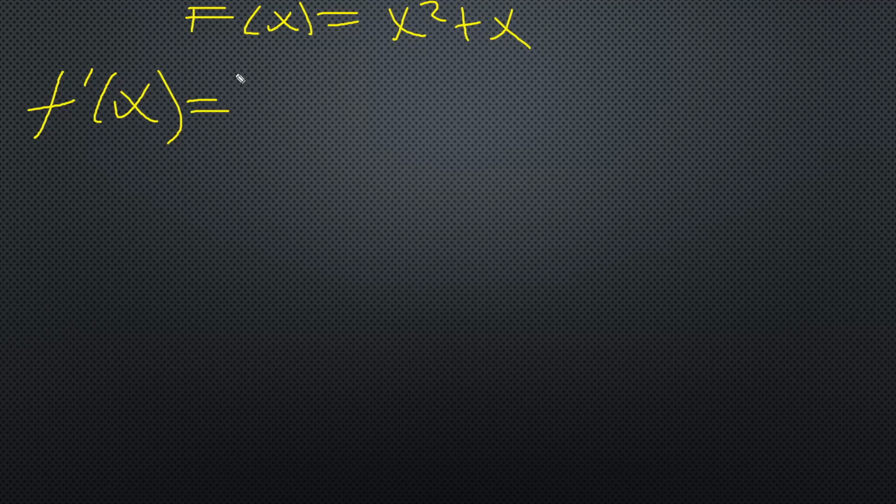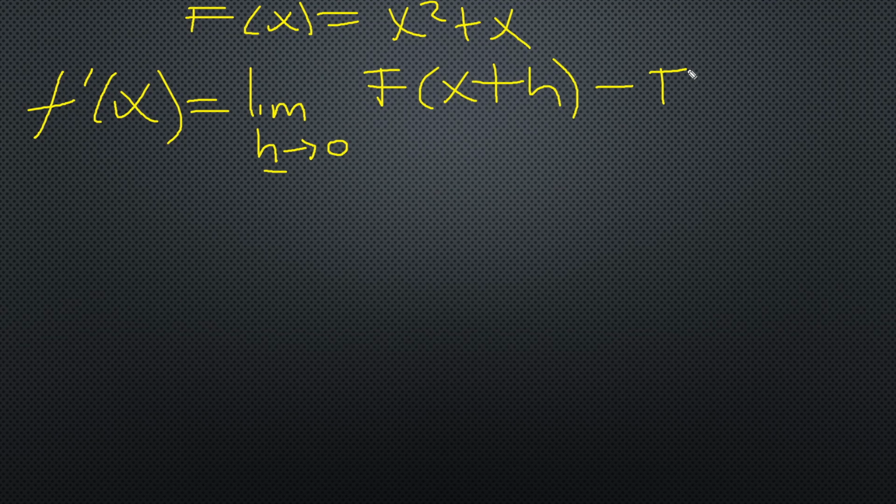So again, I'm going to start with f of x, which is equal to x squared plus x. They want you to use this particular formula, which is equal to the limit as h approaches 0 of f of x plus h, minus the function f of x, all over h. The thing is that everywhere where we see x squared or x, we substitute x plus h.